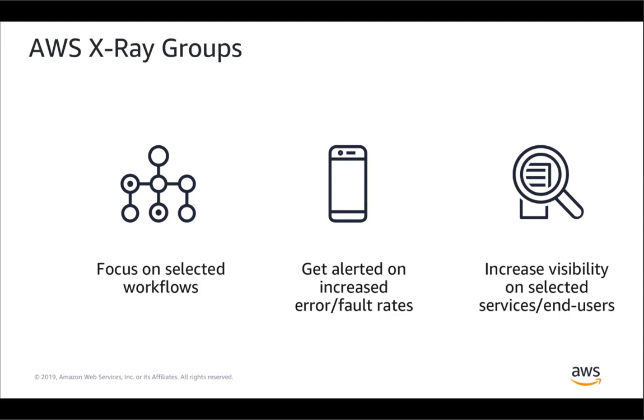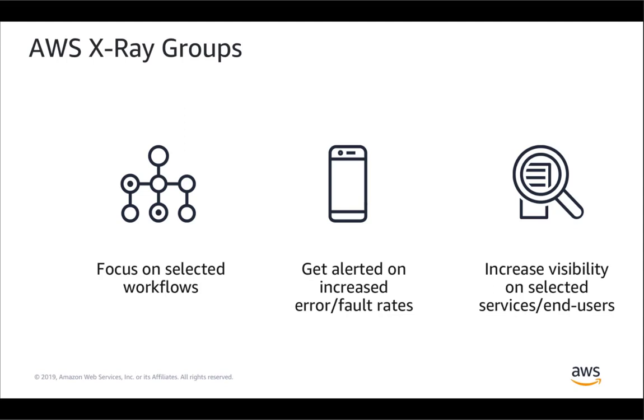Additionally, using the metric that XRay emits for all transactions that took longer than a second, you can create an alarm which enables you to alert anytime you have a certain number or a certain percentage of requests that took longer than your threshold of 1 second.